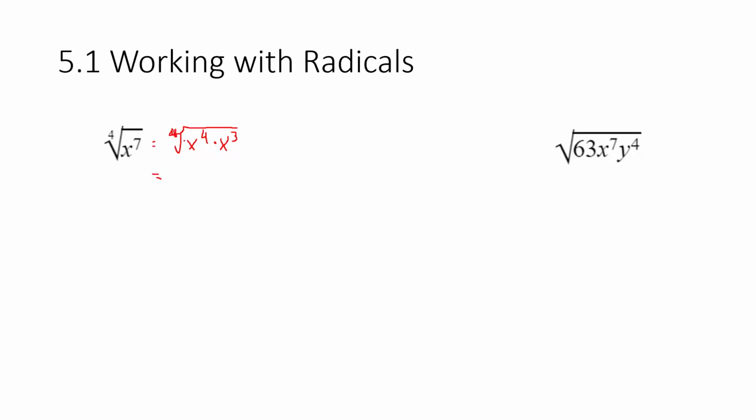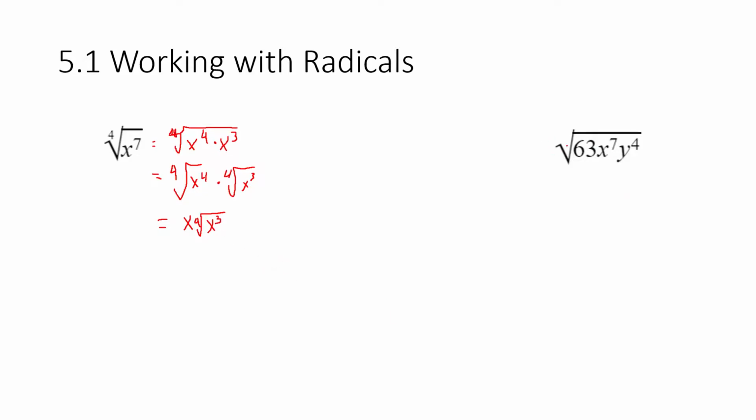So we can split this into the fourth root of x to the 4th times the fourth root of x to the 3rd, and the fourth root of x to the 4th would just be x. And then times the fourth root of x cubed is still in there, and there's nothing more we can do with that.